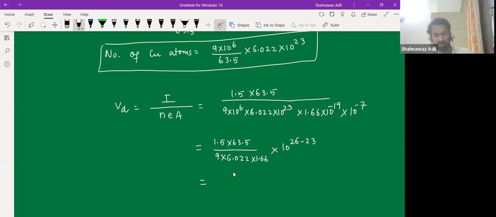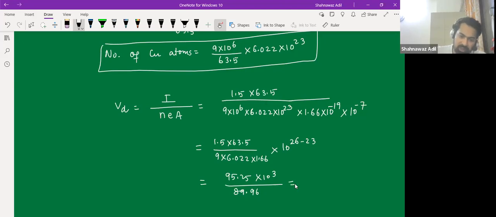So how much is 1.5 into 63.5? This is 95.25 into 10 to the power 3, divided by 9 into 6.022 into 1.6, which is 89.96.